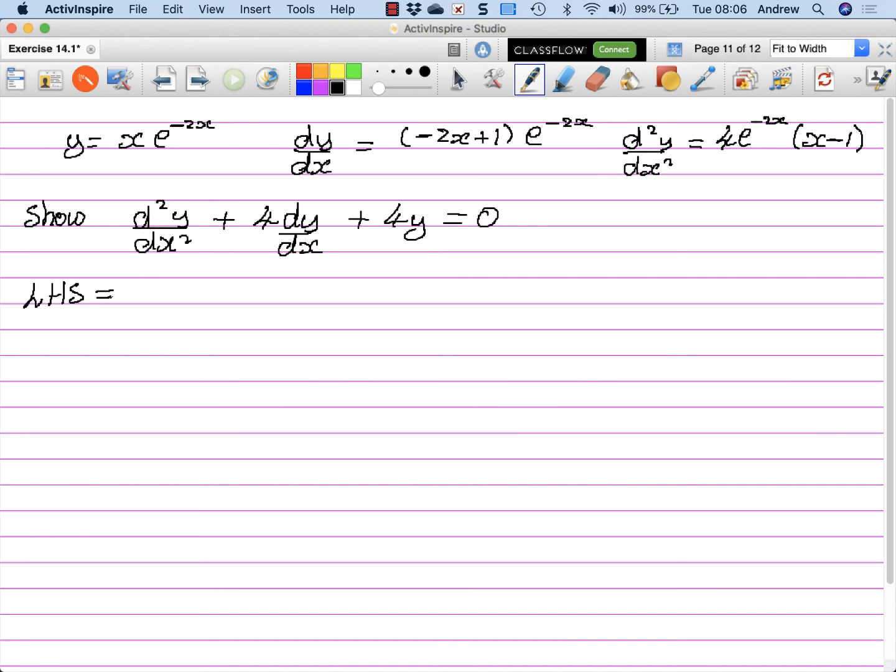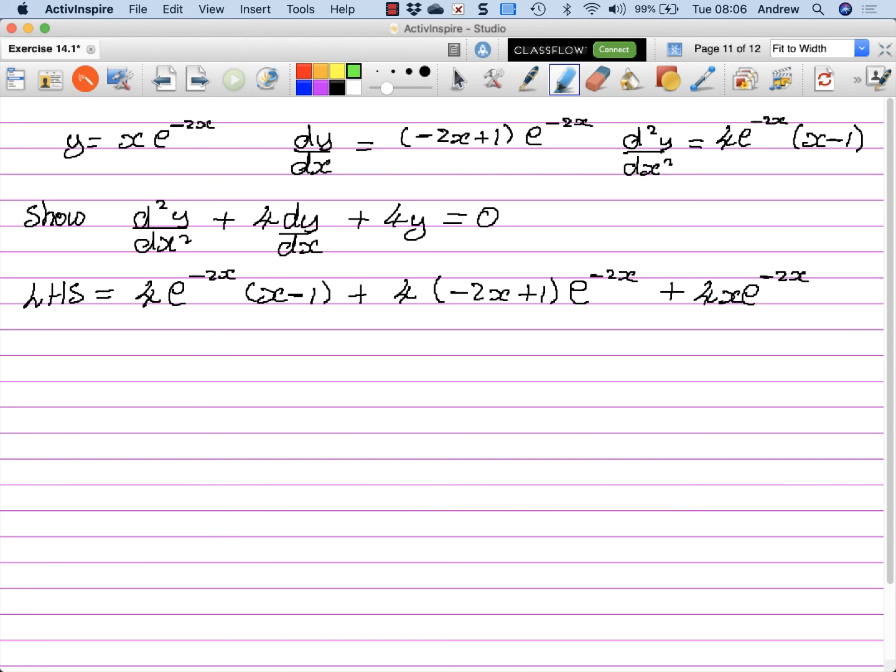So d2y by dx squared is 4e to the minus 2x on x minus 1 plus 4 on dy dx, which is 4 on minus 2x plus 1 on e to the minus 2x plus 4 on y, so it's 4 on x e to the minus 2x.